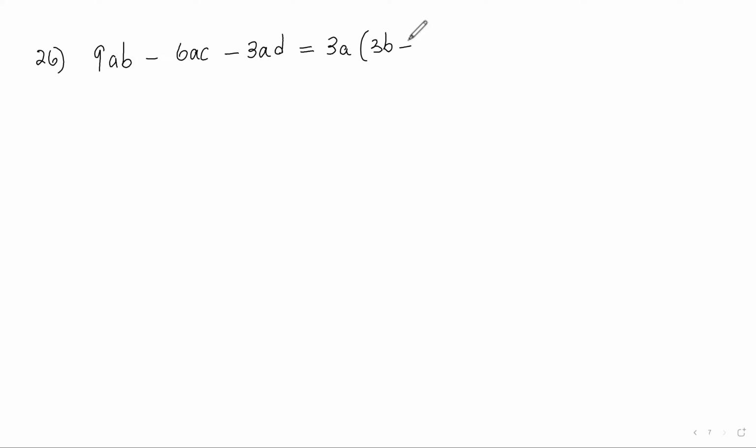Minus 2c. And the final part? Just d. Because remember, you're multiplying 3a by d to give you back 3ad. Okay. Good.